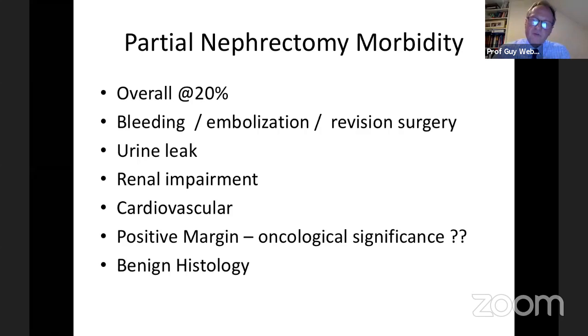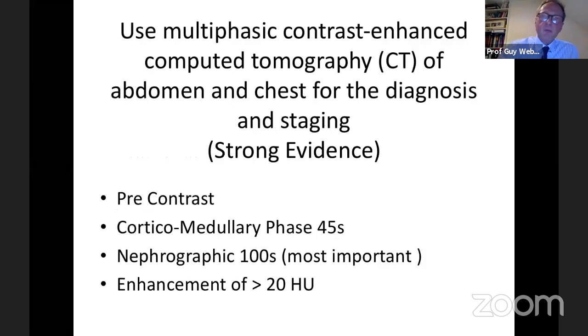I have gone back in for 2 cases with a positive margin, and both of them were negative. One had a completion nephrectomy and one had further partial nephrectomy, and neither showed any evidence of tumour, which backs up the literature. And then, of course, a partial nephrectomy could be performed and the histology is actually benign.